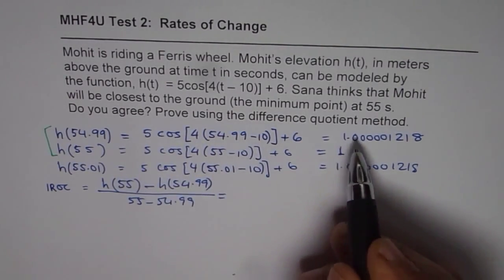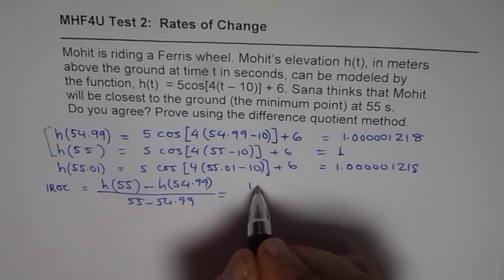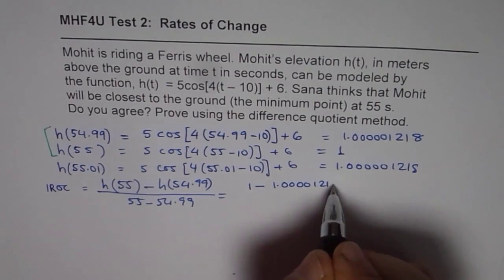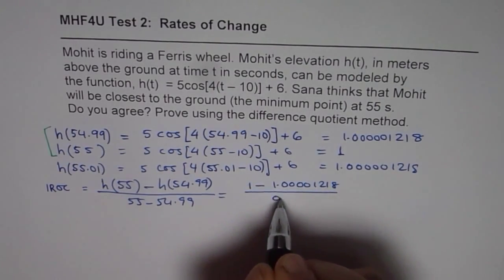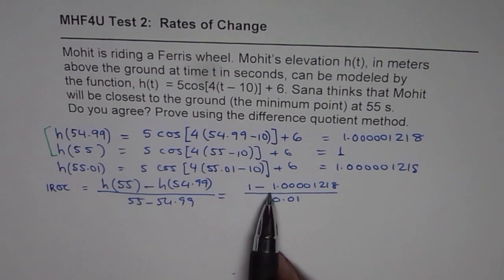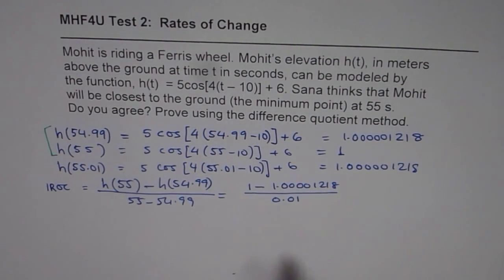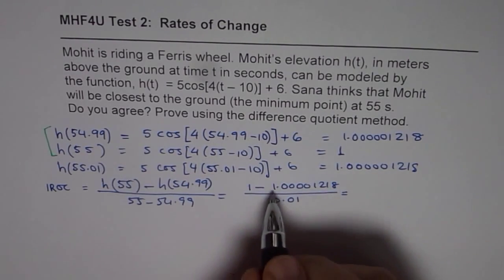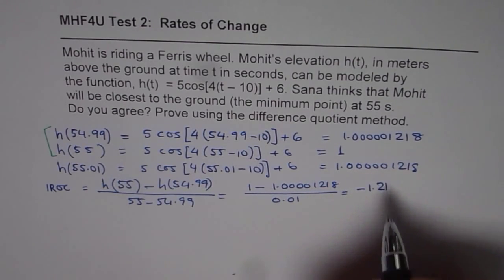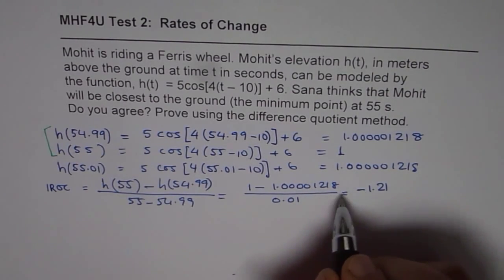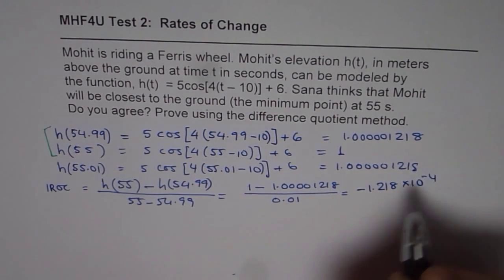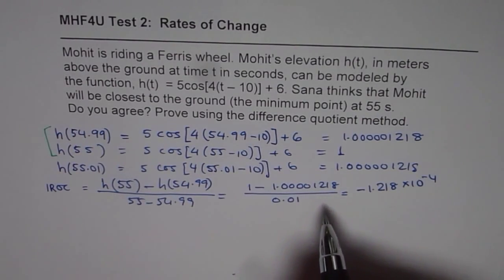From the values, 1 minus 1.0001218 divided by 0.01. So 1 minus 1 is 0, and what you really get here is negative, since this value is bigger: minus 1.218 times 10 to the power of minus 2. You can use the calculator and find the answer.